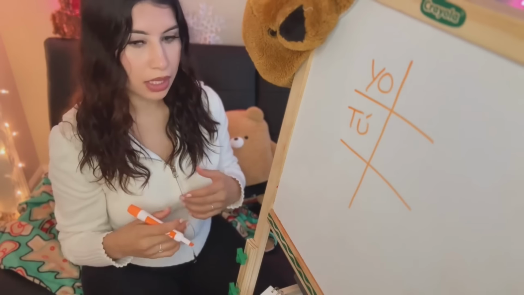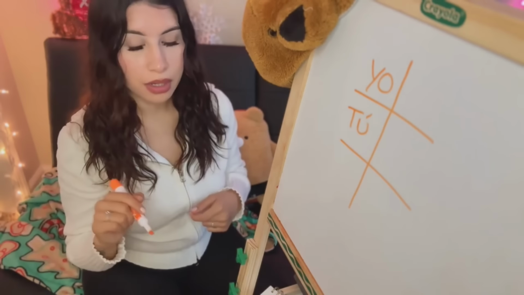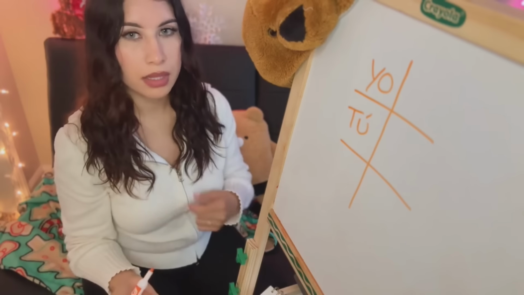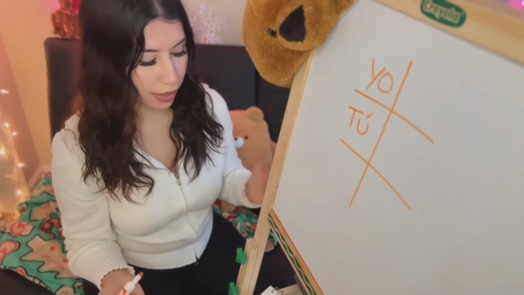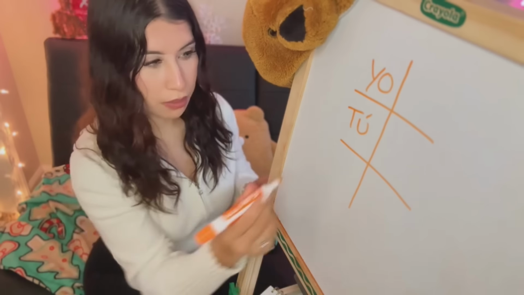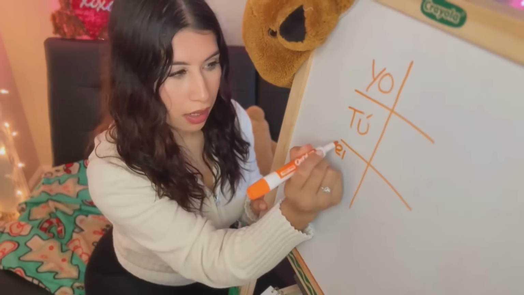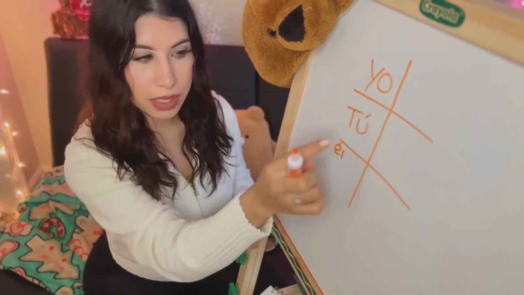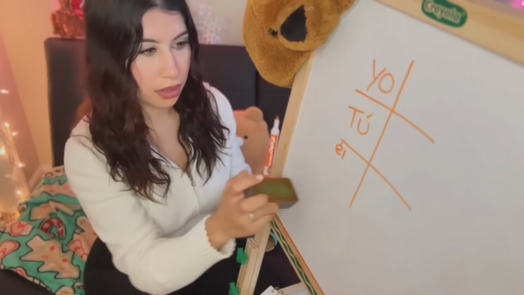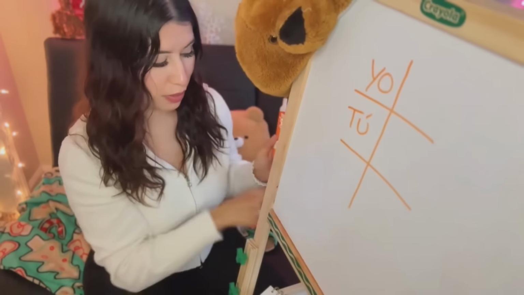So if you're telling somebody, oh, you need to go there, you would say tú, like tú. Okay. Then we're gonna go ahead and put él, and don't forget, whenever you see those accents, you need to really emphasize them. This is super tiny, I'm gonna make it a little bit bigger.